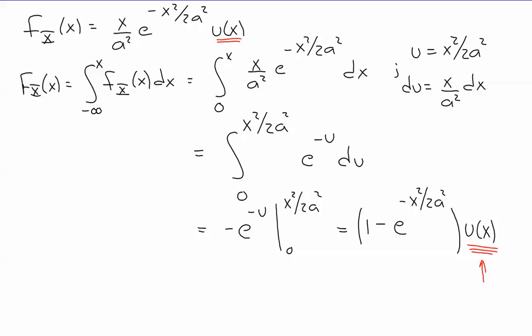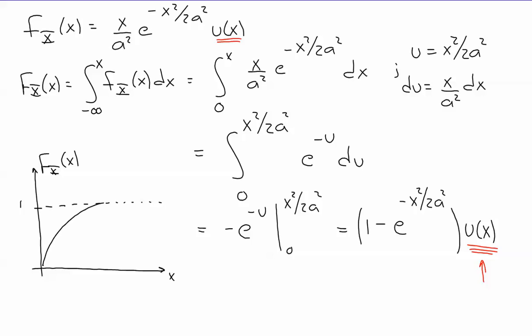All right. So then we can sketch this. Cumulative distribution function peaks out at 1 and looks something like that.